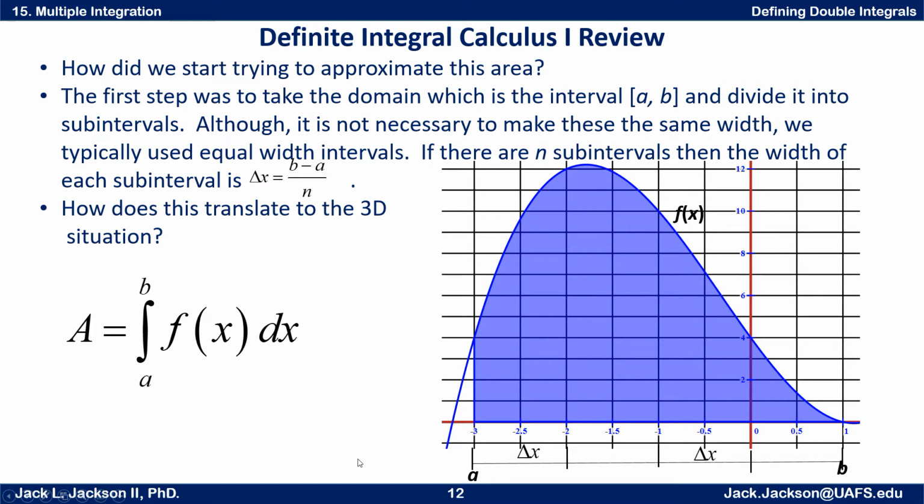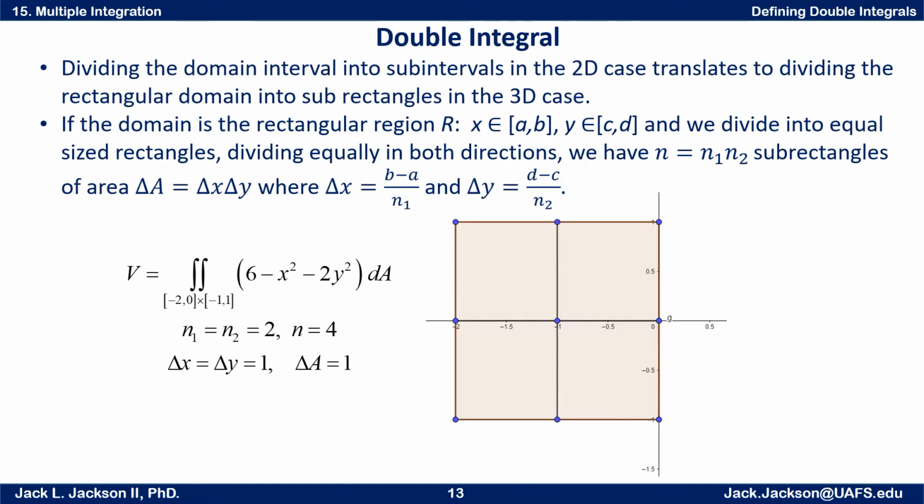Then how would that relate to a double integral? Well, our domain is from -2 to 2 on the x's, and from -1 to 1 on the y's, which makes this rectangle right here. When we break it into sub pieces, they are sub-rectangles this time, not sub-intervals.